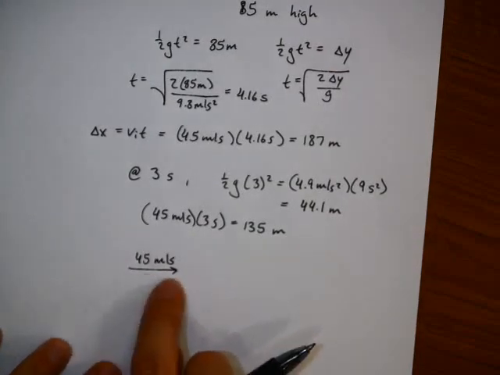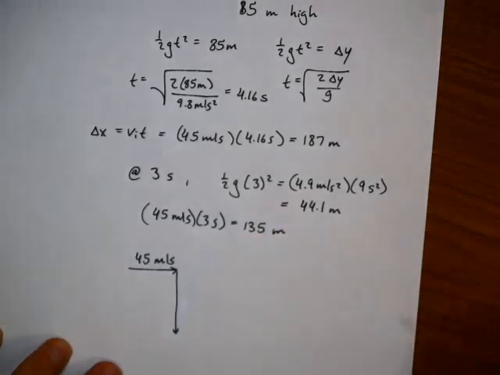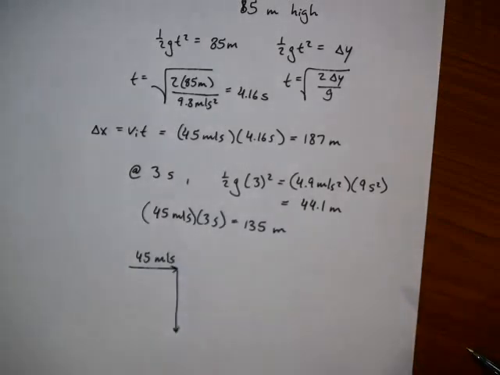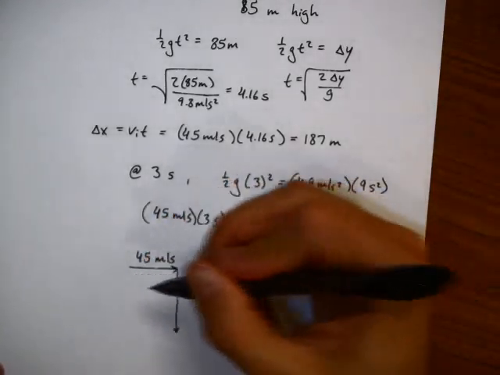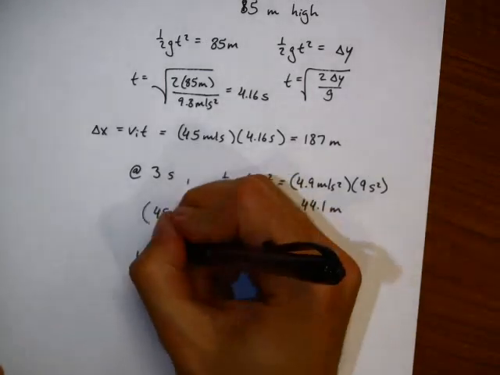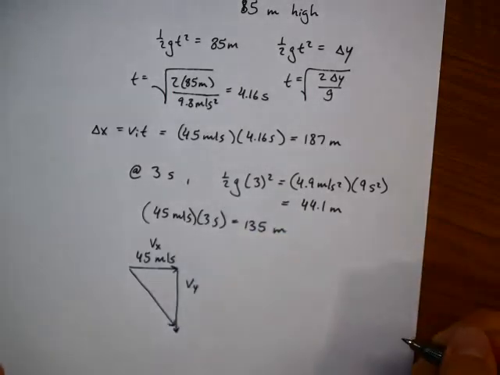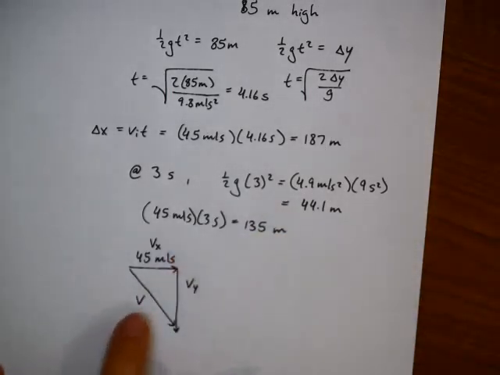There's also a vertical speed, and the vector sum of these two speeds is the overall speed. That would be equal to the hypotenuse of this triangle. So this is Vx, the horizontal speed. This would be Vy, the vertical speed, and this would just be the overall speed, V. We would solve this by using the Pythagorean theorem once we find Vy.